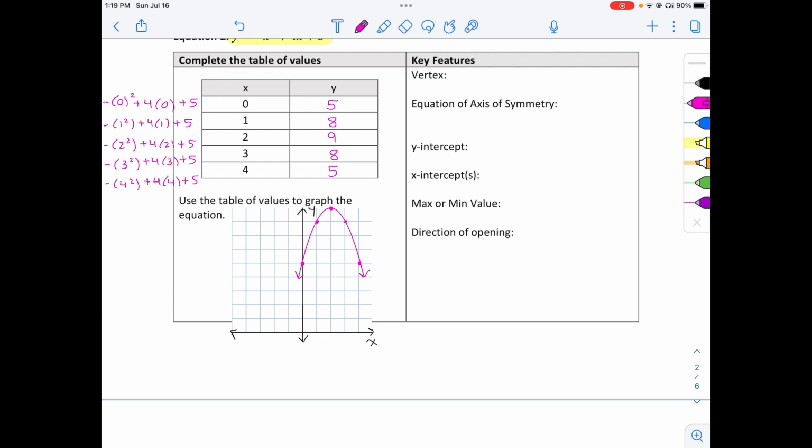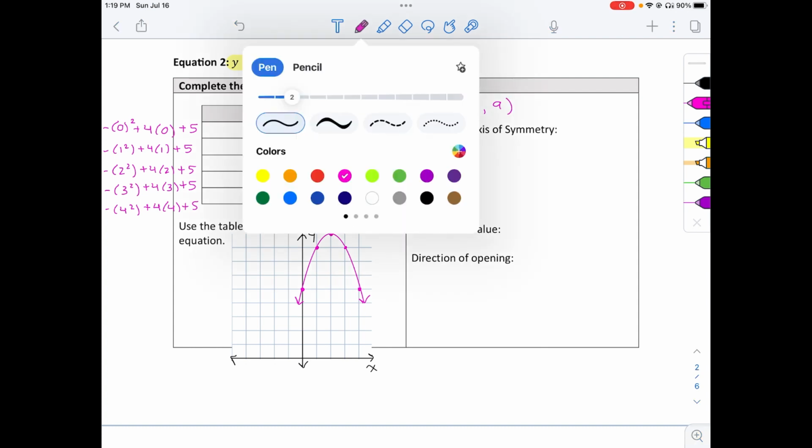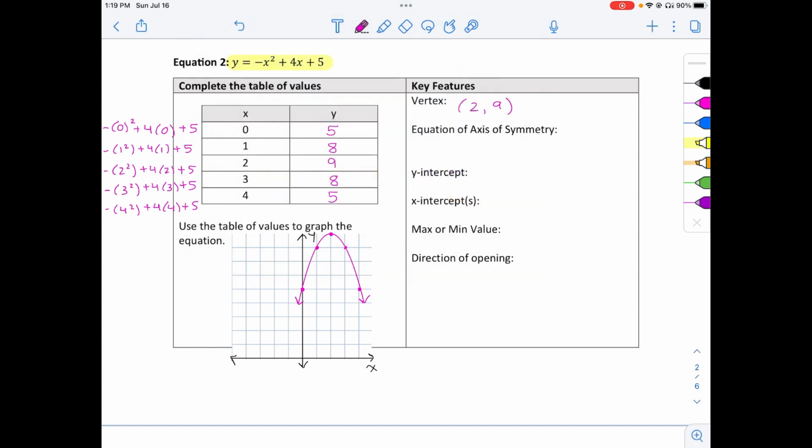So from that graph, I can identify some of the key features. So like I said, the vertex is that highest point there, and that is at 2, 9. My axis of symmetry again relates to the x value of the vertex. So if I were to cut the parabola in half, the line would be here.